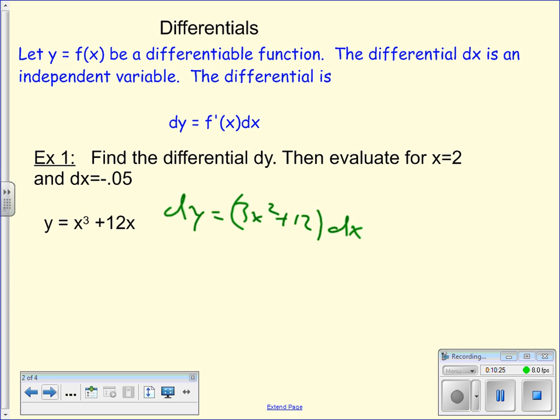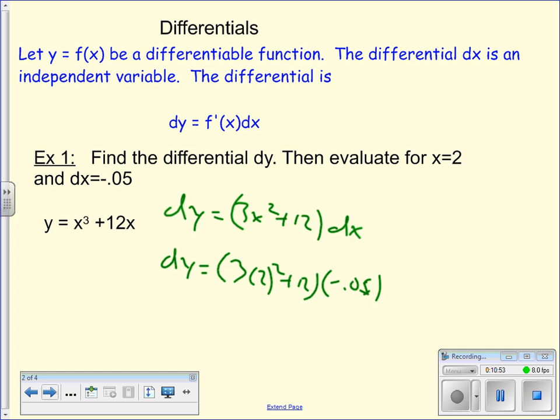Step number 2. Plug in 2 for x and plug in negative 0.05 for dx, and figure out what dy is. So dy equals 3 times 2 squared plus 12, times negative 0.05.